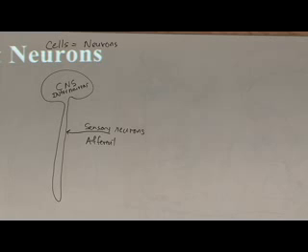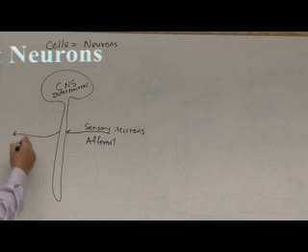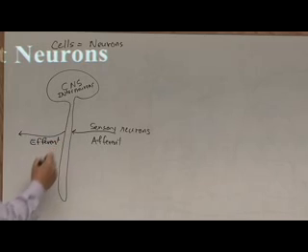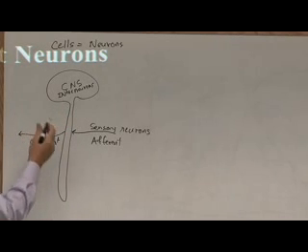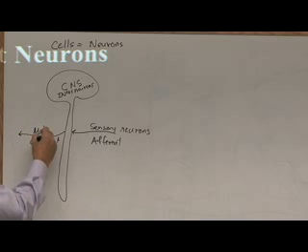And then we have to send a signal back to the body. The signal back to the body is moving away from the central nervous system, so we say it is efferent. Because it's going to affect cardiac muscle, skeletal muscle, glands, we say it is motor.